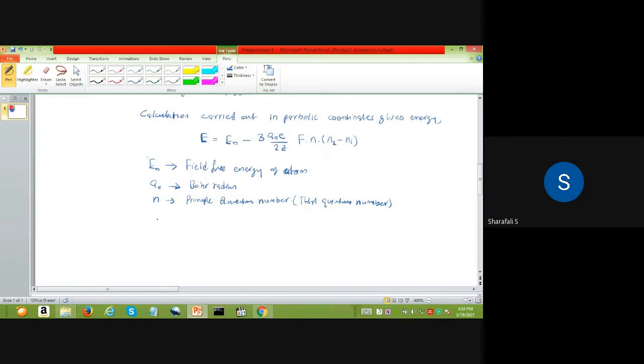And then we have n1 and n2. This you might not know, so these are two new quantum numbers. These are parabolic quantum numbers.